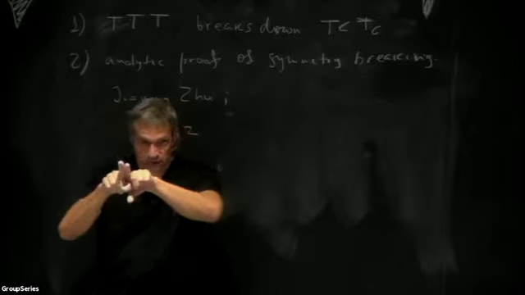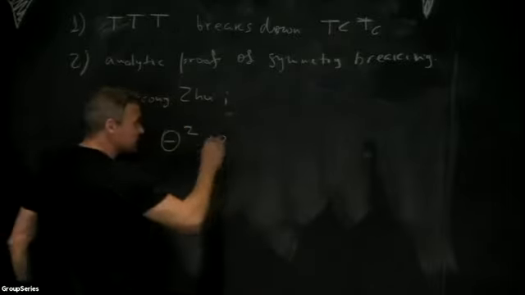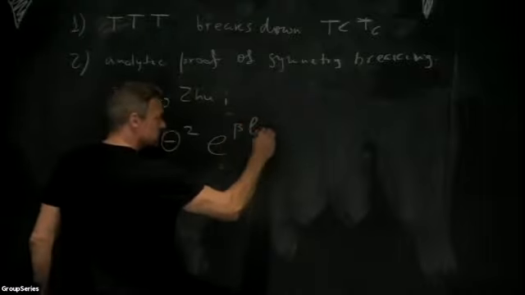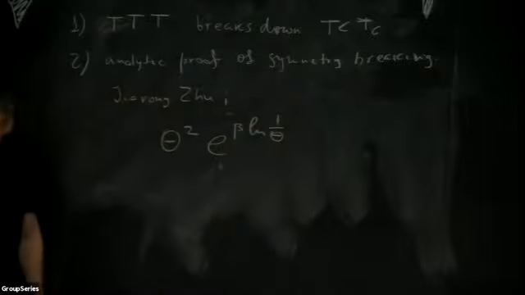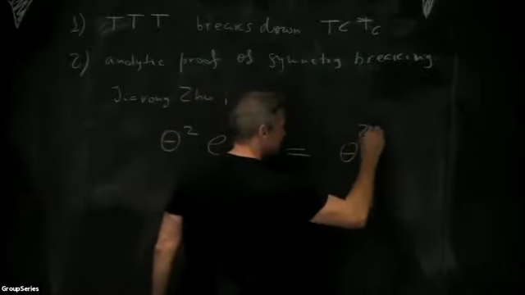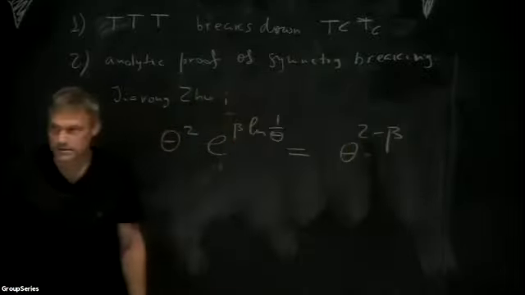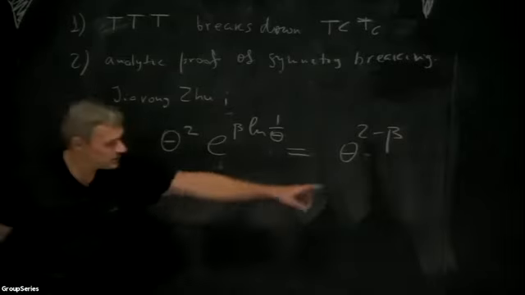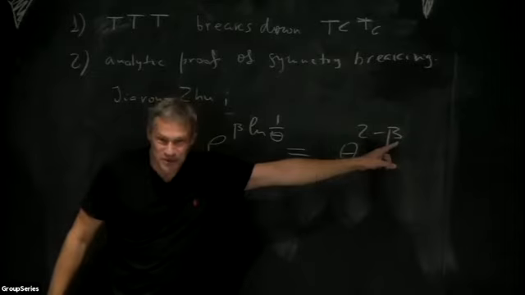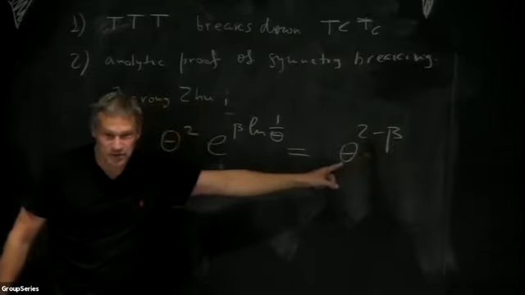Okay? On the other hand, the Boltzmann factor here, that's it. You have a critical temperature. If your inverse temperature is large, this thing will diverge.